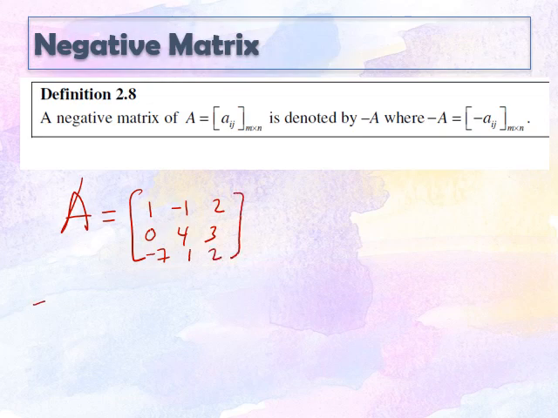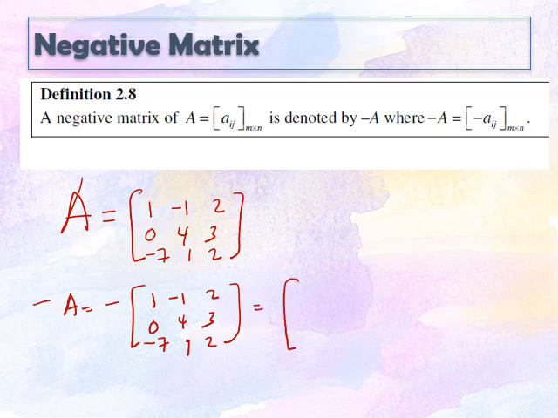The negative of A is where you put a negative on each element or entry in the matrix. So you multiply by negative 1: negative 1, 1, negative 2, 0, negative 4, negative 3, 7, negative 1, negative 2. That's what we call the negative of a matrix.